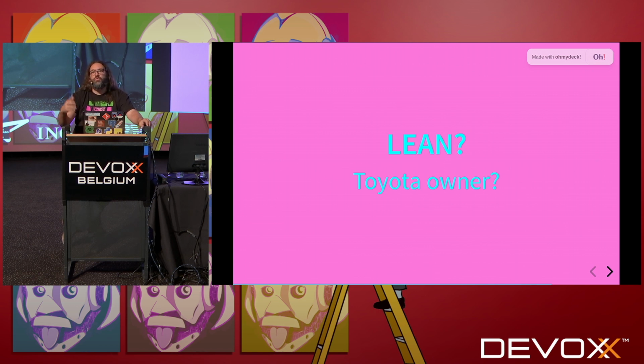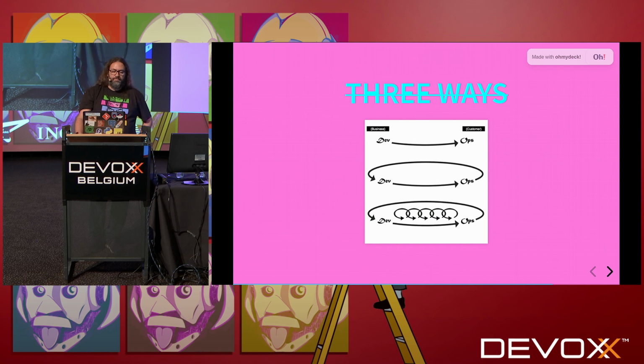I mean, all those things about waste and stuff. I mean, if you do consultancy, you want to have waste because that's basic of your work. That's how you bill hours. So stop about that. And then there's the 3 ways of DevOps with those feedback loops and loops of feedback loops and loops. I mean, if you look at that, imagine the number of new meetings that you'll have to have for those feedbacks. It's completely crazy.